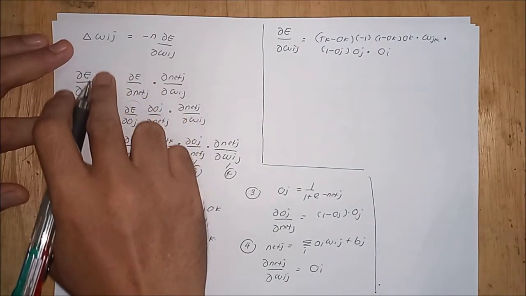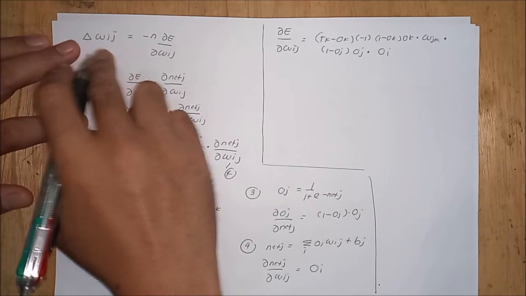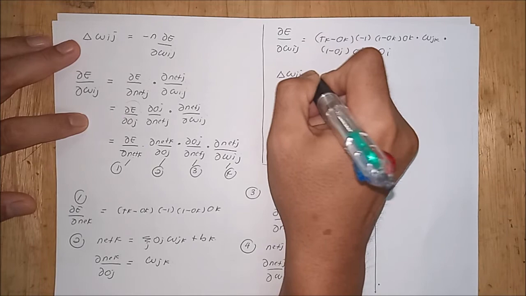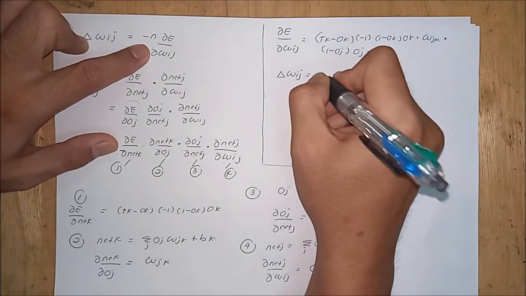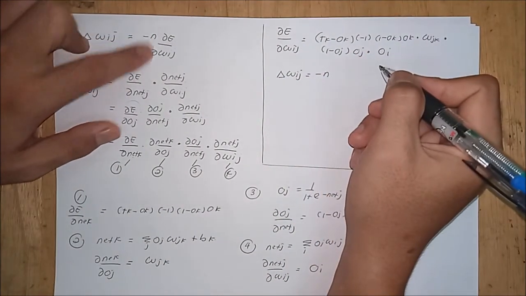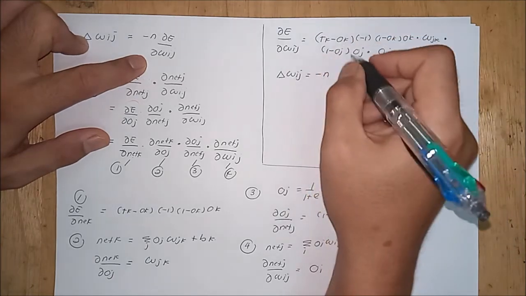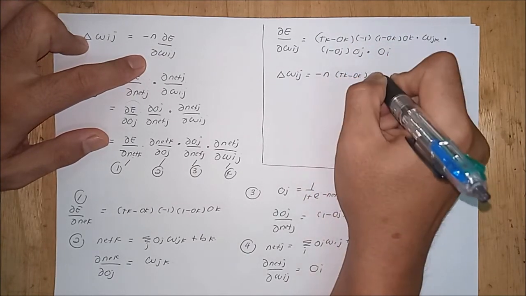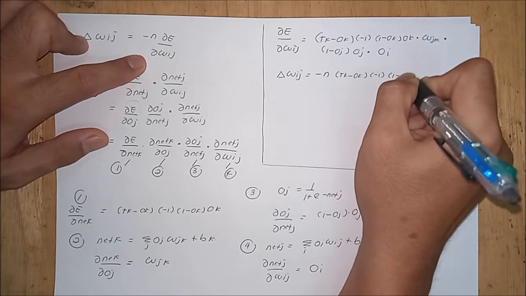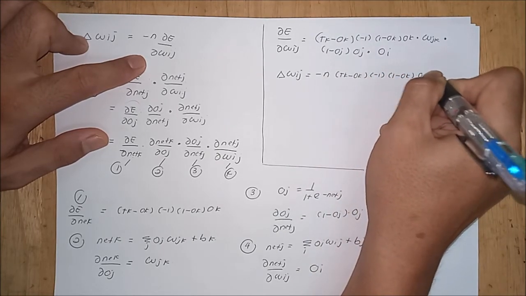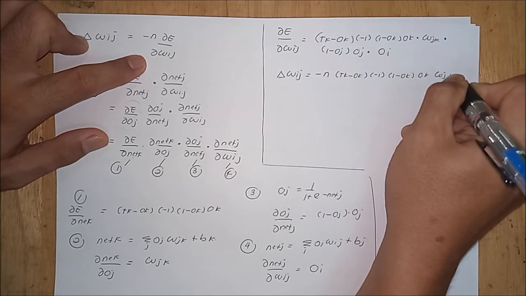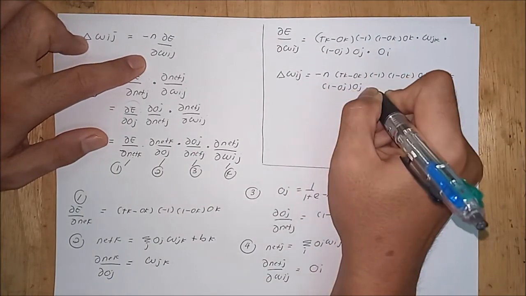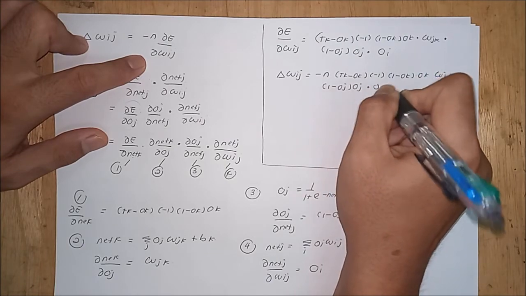Since we are interested to find the delta Wij, delta Wij will be equal to negative eta times dE over dWij. So negative eta of the whole part here, tk minus ok, negative 1 minus ok, wjk, 1 minus oj, times oi.